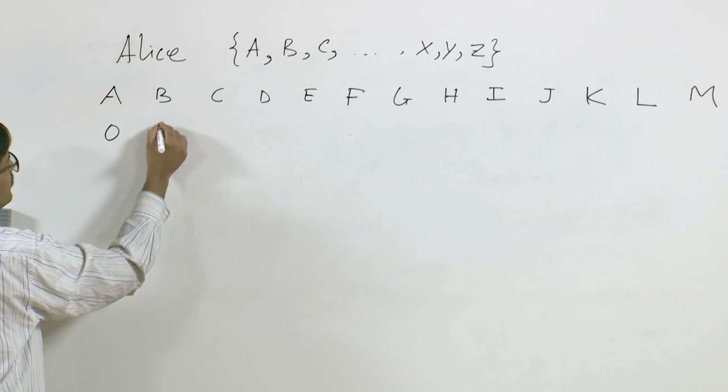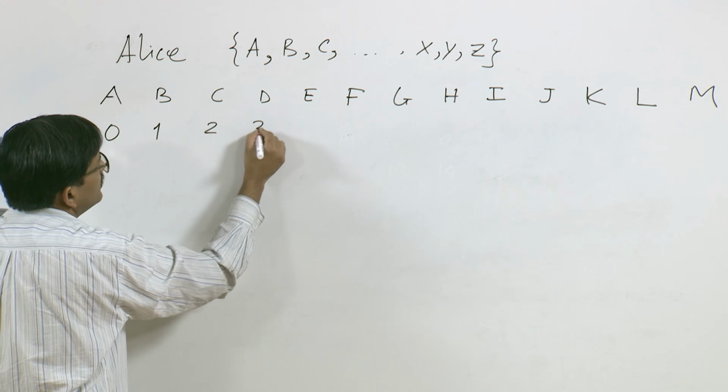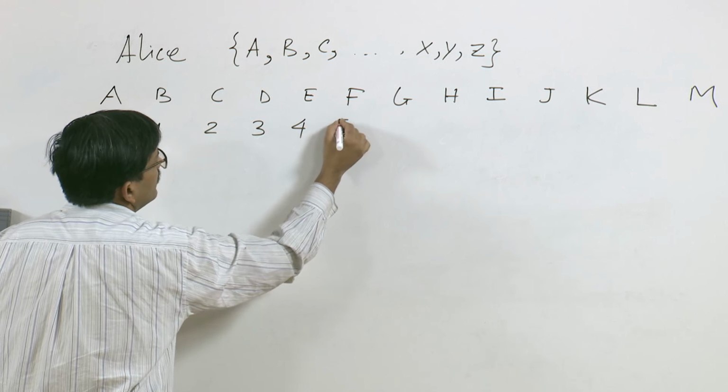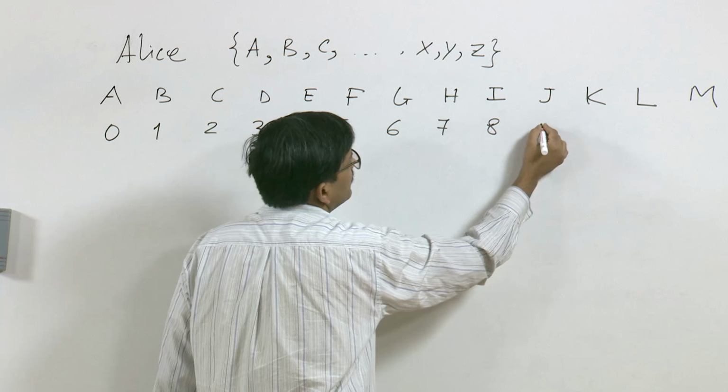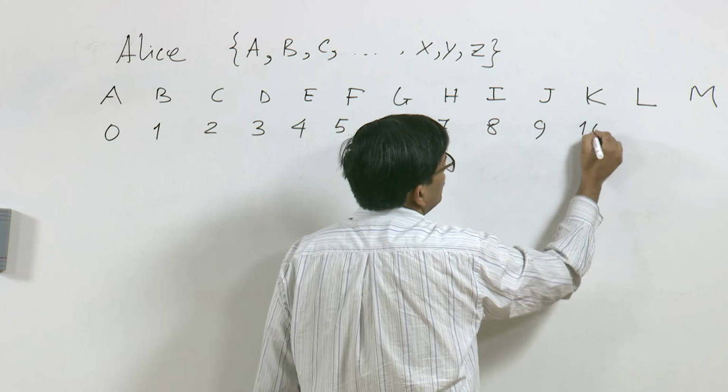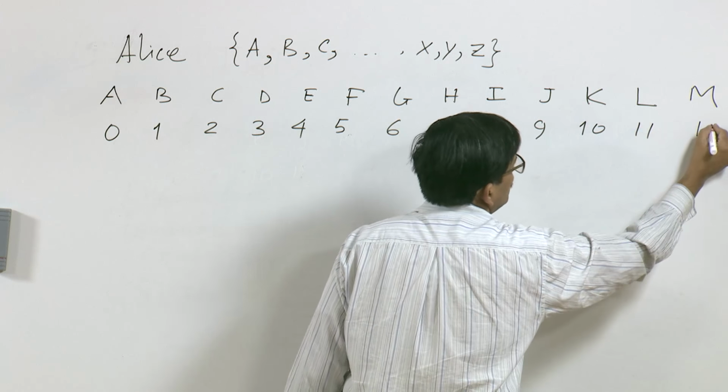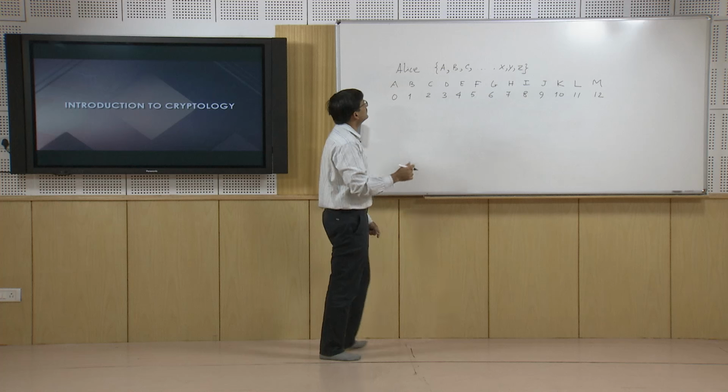Here we have got 0, 1, 2, 3, 4, 5, 6, 7, 8, 9, 10, 11, 12. These are the first 13 letters.